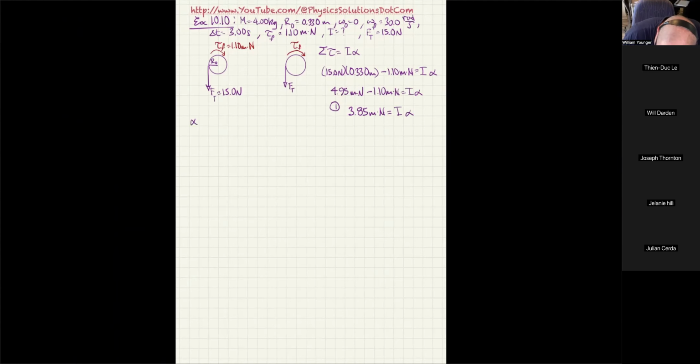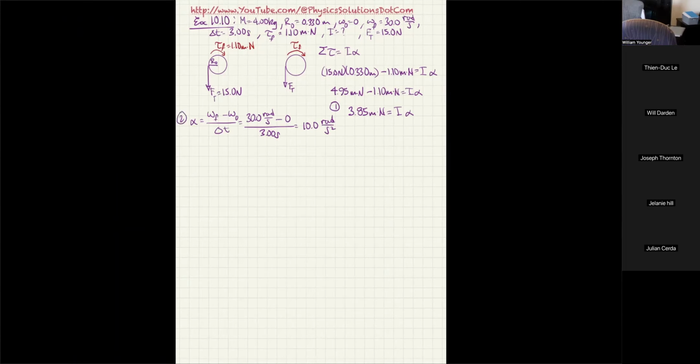Now, I've been given enough information to compute alpha. I know that alpha, for instance, on average is supposed to be omega final minus omega initial divided by delta t. Well, omega final is 30.0 radians per second minus 0 radians per second, and all of that is divided by 3.00 seconds. So the acceleration turns out to be 10.0 radians per second per second.